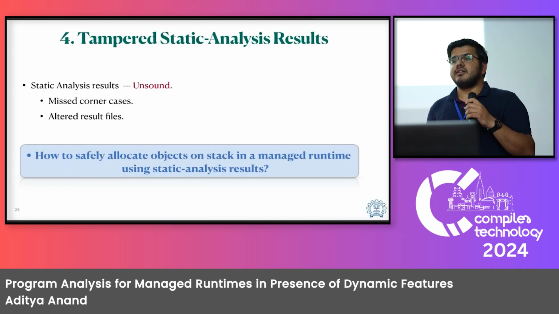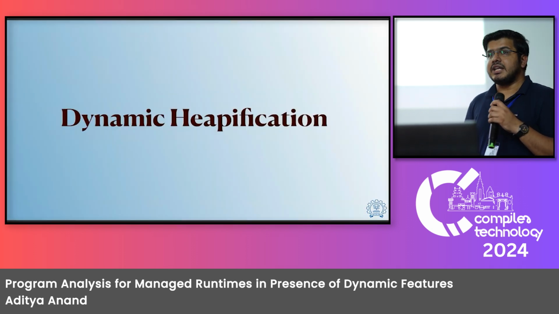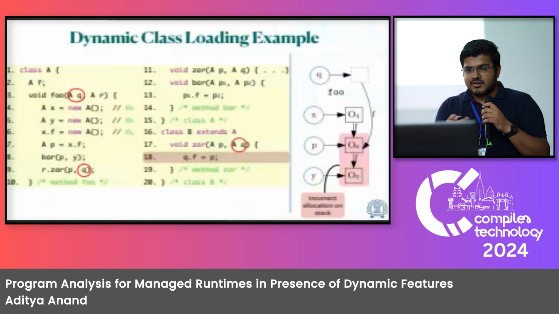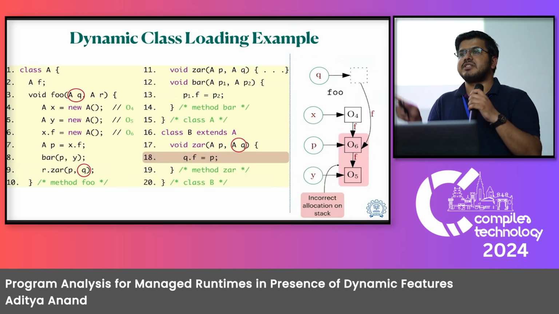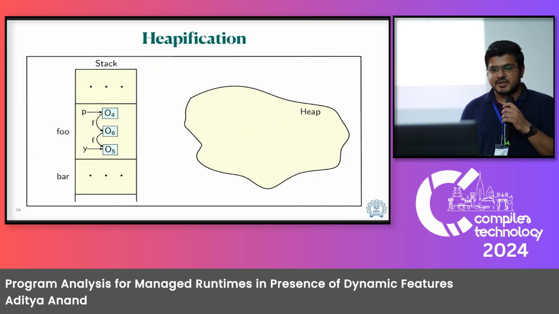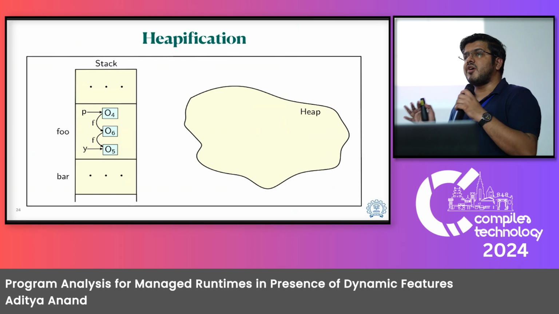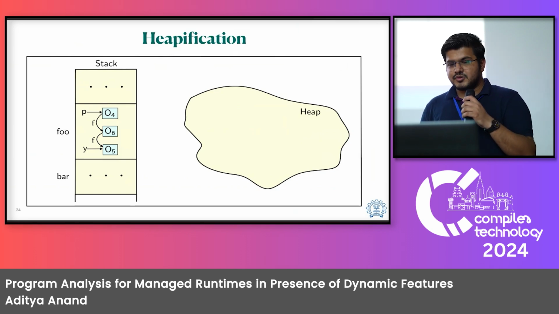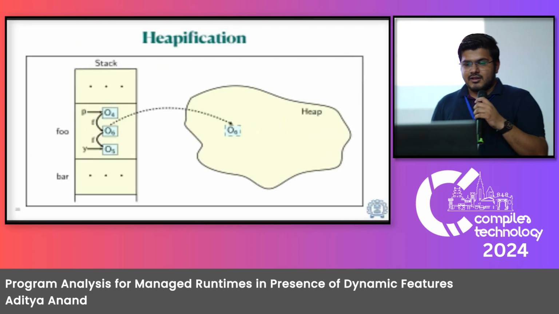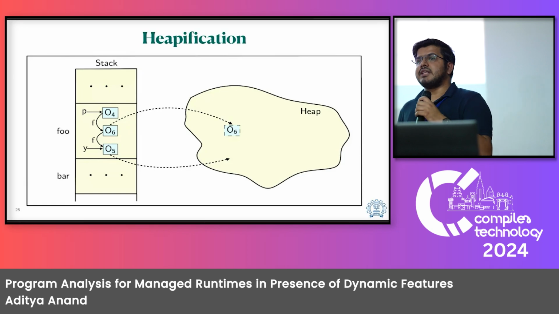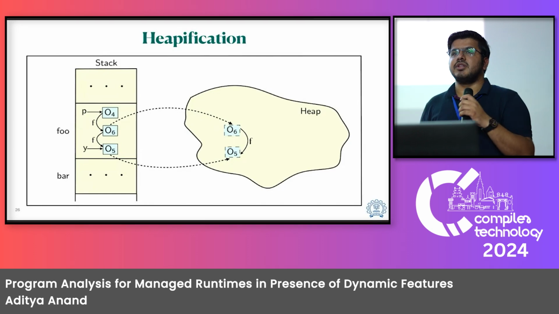To solve this problem, we came up with an idea which we call dynamic heapification. Just recall this example where we had stack allocated objects O5 and O6 with our static analysis result. Suppose this is the situation where we have stack allocated objects. The first thing we do if we find that our stack allocation is wrong is to heapify, basically copy the objects back from stack to heap, and then recursively copy all the objects that are reachable from that heapified object, maintaining the field relationships which they had on the stack.